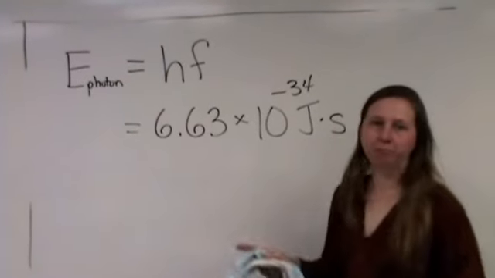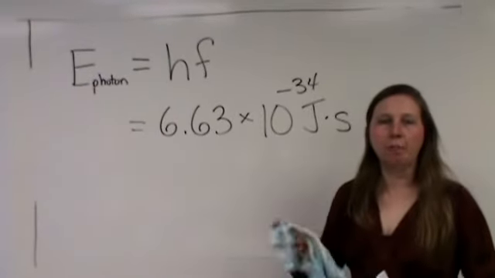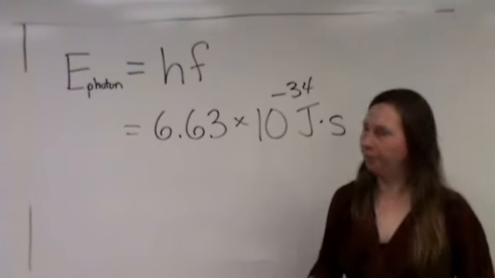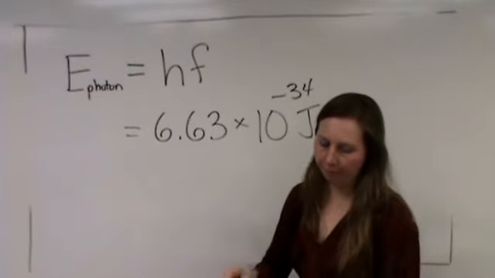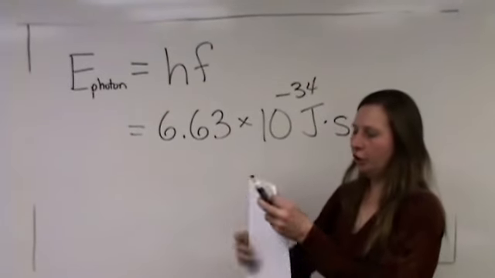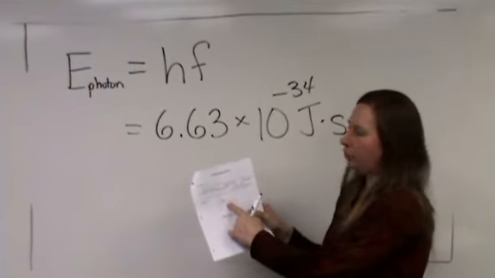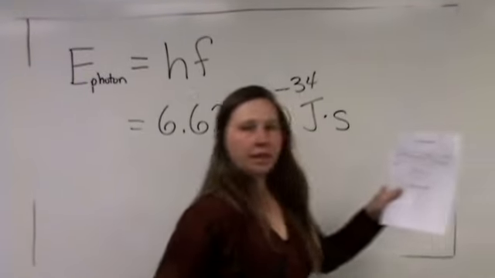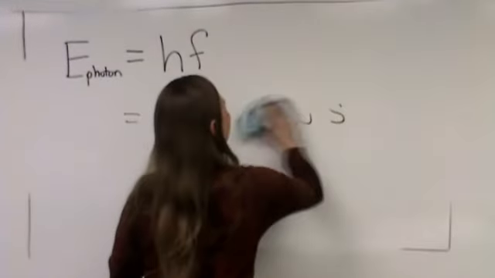All right, now, let's look up some possible frequencies for visible light. We can look those up on the chart called the electromagnetic spectrum. So turn to that chart where we have visible light.